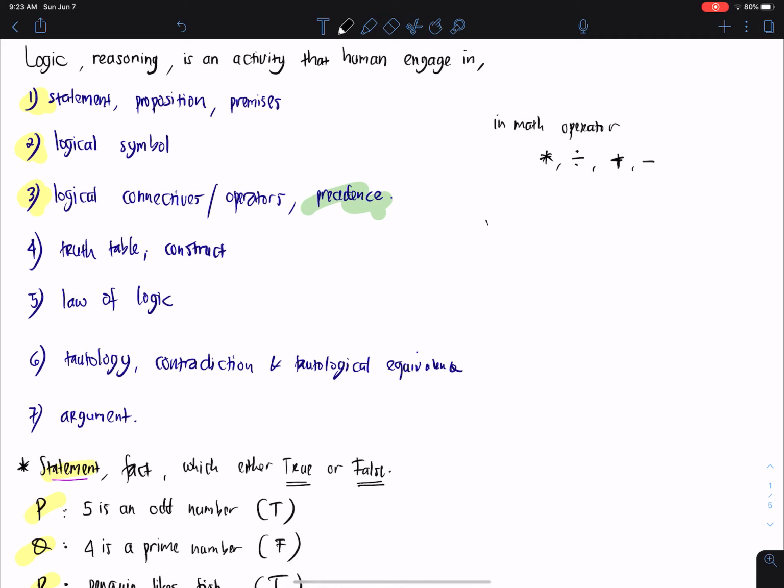So in logical connectives, we are going to have negation as the strongest one, followed by conjunction, disjunction, and then implies and Biimplies. And then of course, whenever there is a bracket, we must solve the one in the bracket first and then follow with the rest, like that.